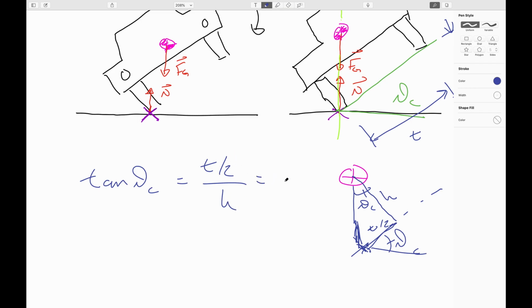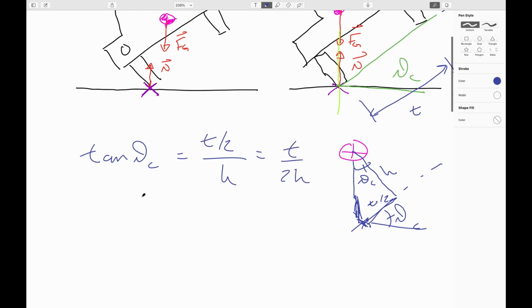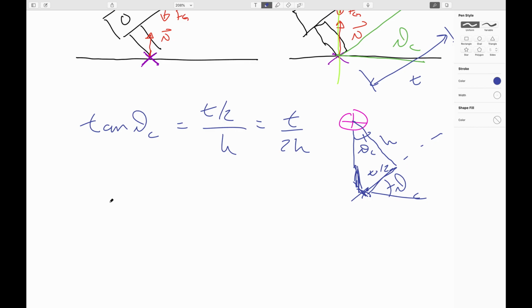I can multiply both numerator and denominator by 2 to make that t over 2h, make that look a little prettier. Then finally, to get the critical angle, it is equal to the arctangent of t over 2h. Now, as the argument of an arctangent gets bigger, the critical angle gets bigger.